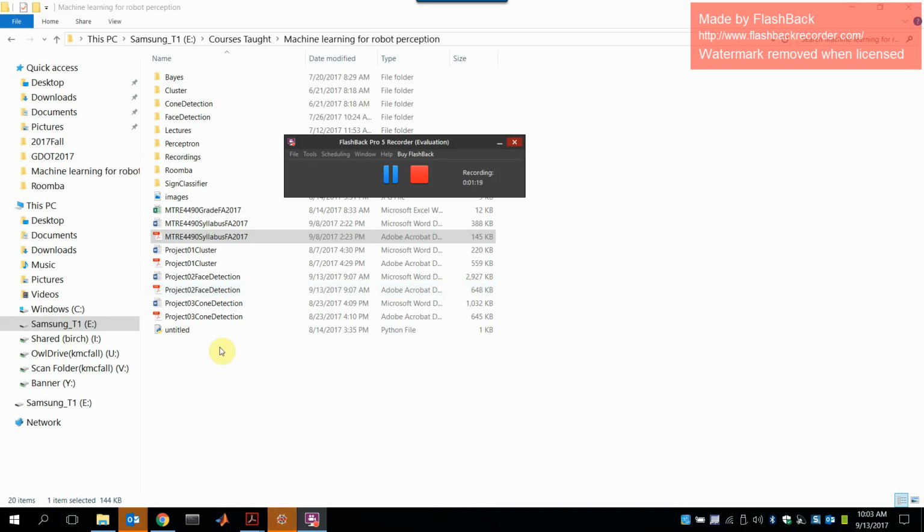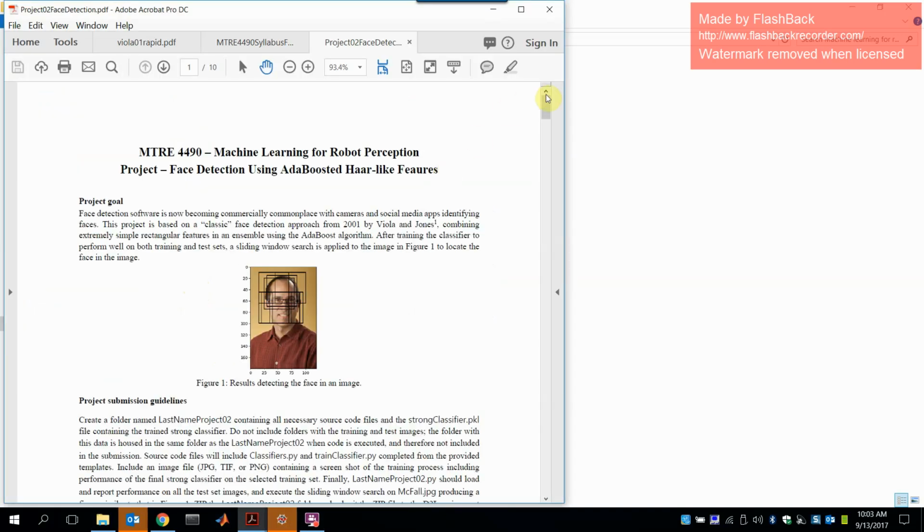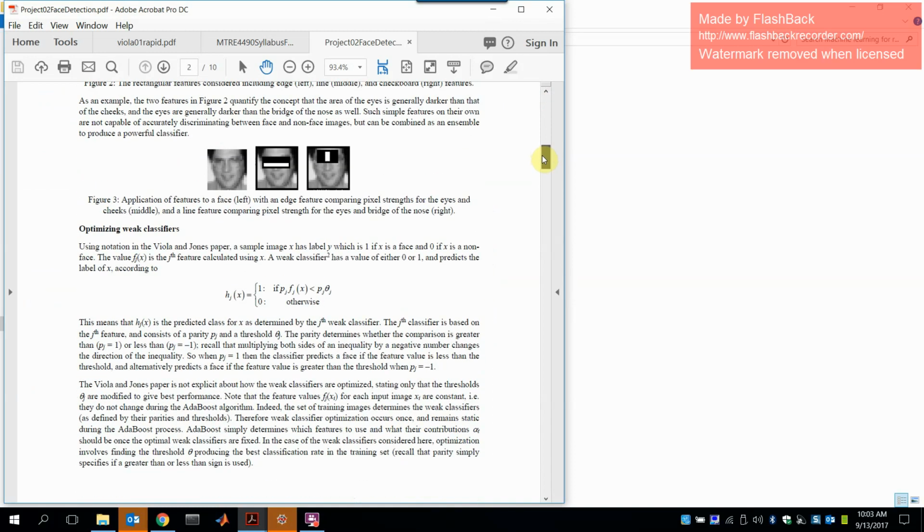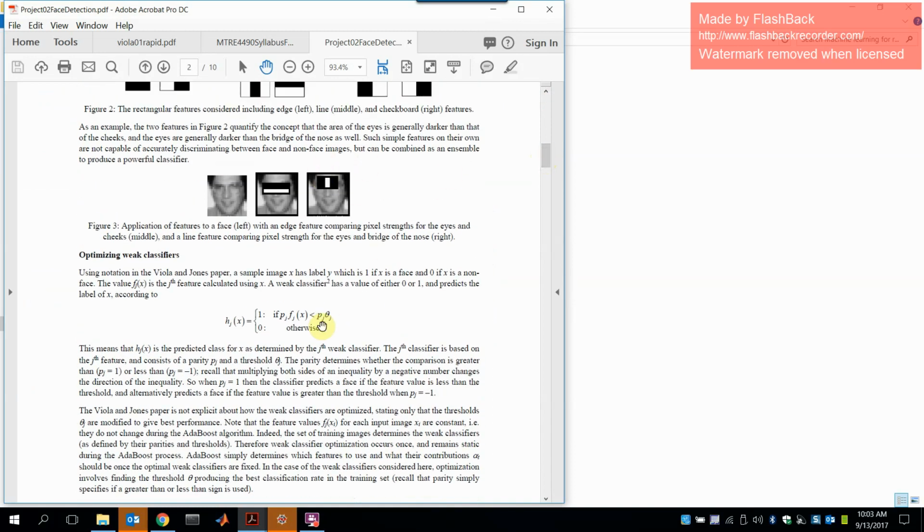So last time, we went over pretty heavily the features and the weak classifier. So you're going to have lots and lots of these classifiers, h_j, where they're going to either say it's a face or it's not a face, with a 1 or a 0, depending on whether the feature value is less than or greater than, depending on the parity, the threshold theta.